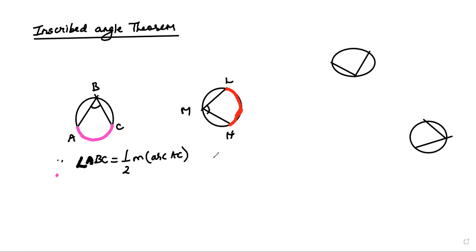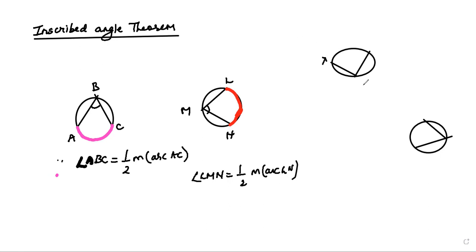Angle LMN is equal to half the measure of arc LN. So the moment you see an inscribed angle, this property should come to mind: the measure of an inscribed angle is half the intercepted arc.